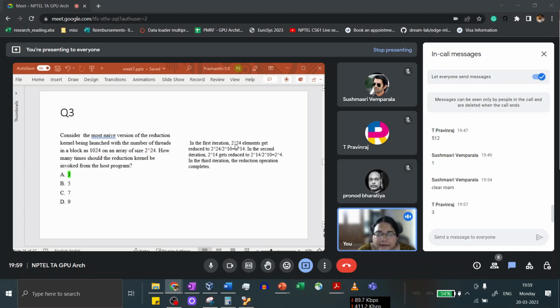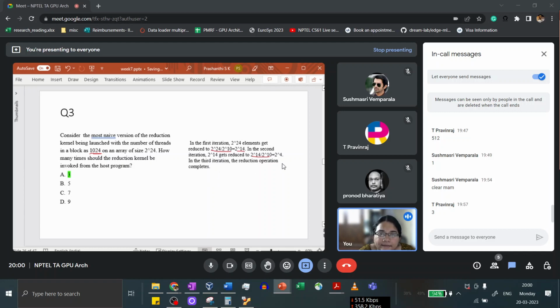So in the first iteration, you have 2 power 24 elements, and this 1024, the number of threads, is basically 2 power 10. So the elements get reduced to 2 power 24 divided by 2 power 10, which is 2 power 14. In the next iteration, it reduces from 2 power 14 to 2 power 4, basically 2 power 14 divided by 2 power 10.